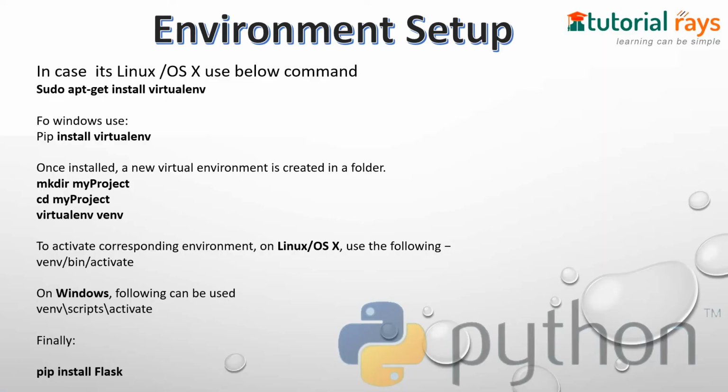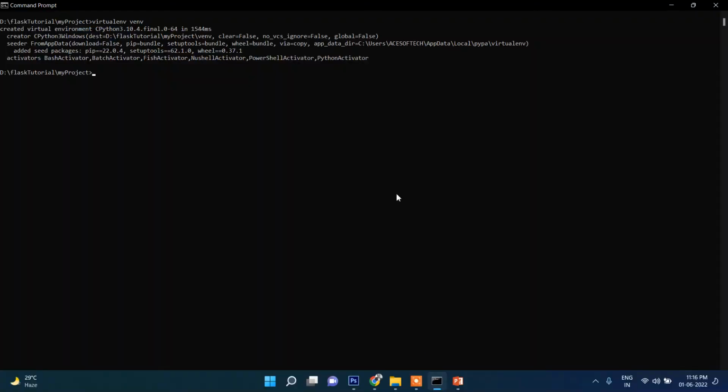In case you're using Linux or OS X, then you need to write venv/bin/activate. In our case, we will write venv\Scripts\activate. Okay, so now as you can see, we are inside the virtual environment.